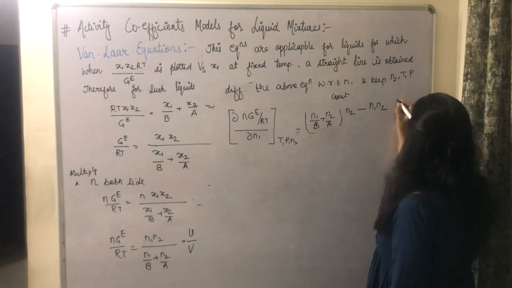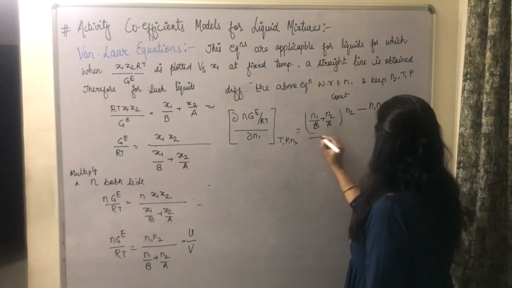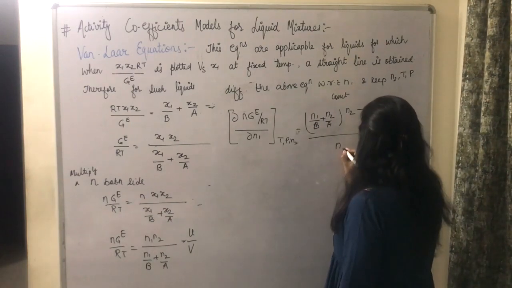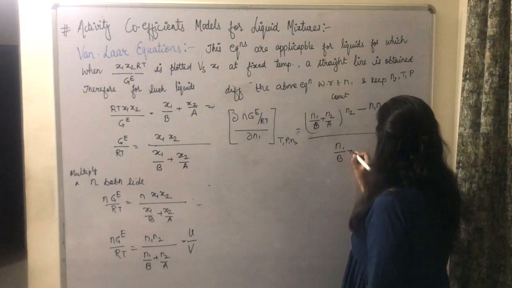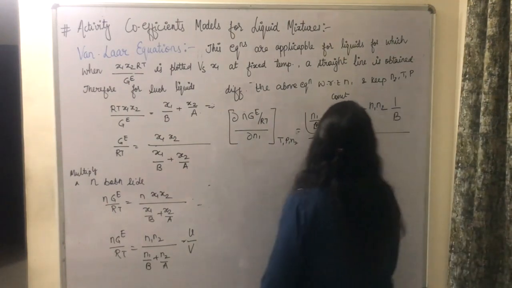So 1 upon b. Okay, and here (n1 upon b plus n2 upon a) whole square. Right?